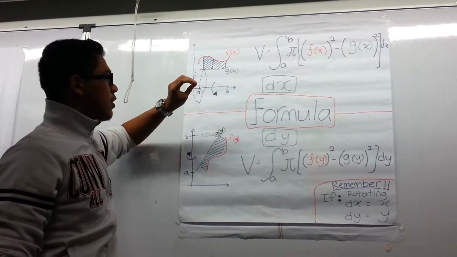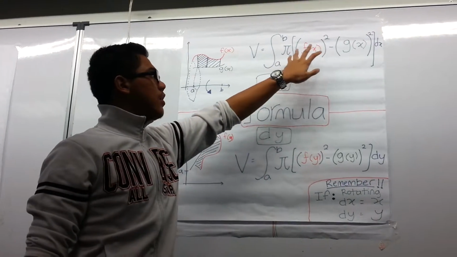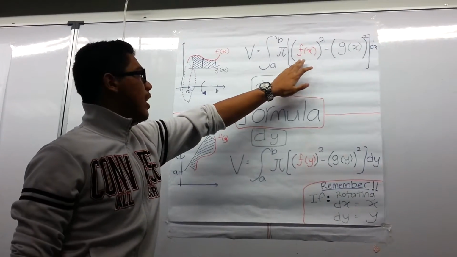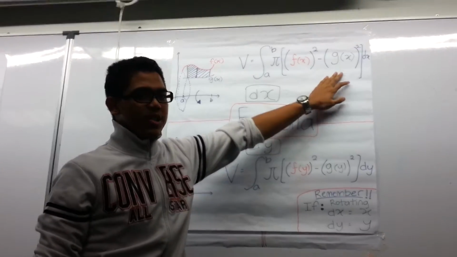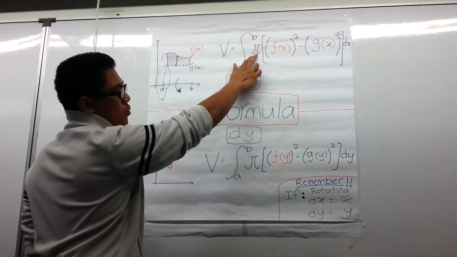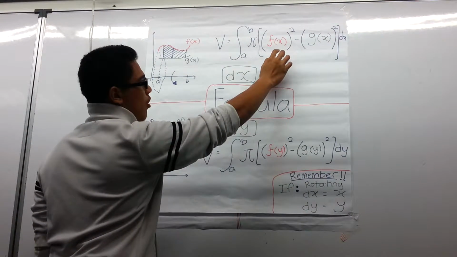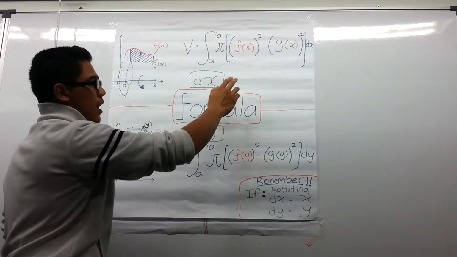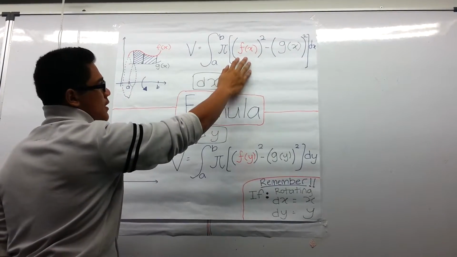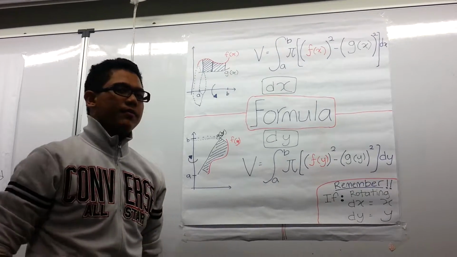So the formula is we take pi, then this is the area of f(x), while this is the area of g(x). Then for the volume we put pi times the outer radius squared minus the inner radius squared. That's for dx of the washer method.